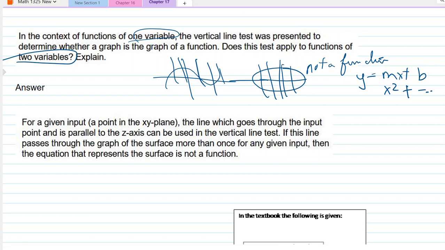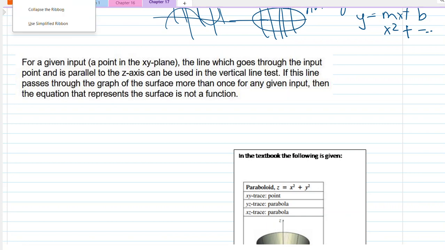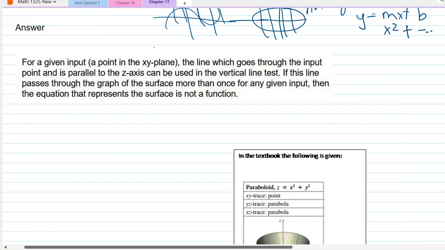Well, two or more variables create a volume experience. And it showed us some particular shapes, and I'm going to do one in the next problem. But the answer is, for the given endpoint, a point on an xy plane, the line which goes through the point is parallel to the z-axis and can be used in the vertical line test.